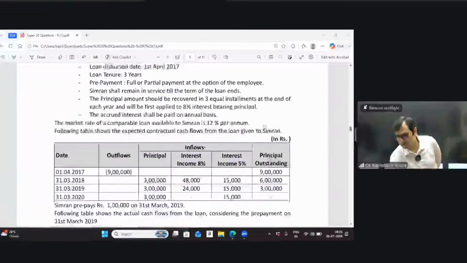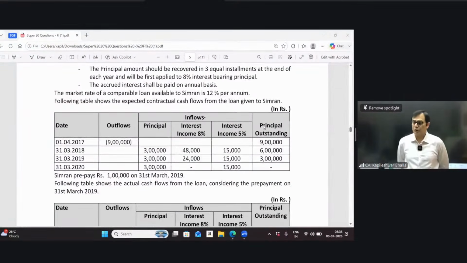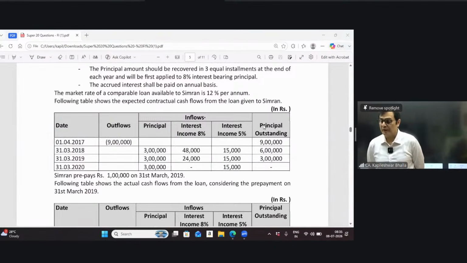Then I am given further the following table showing the expected contractual cash flows from the loan given to Simran. We're given a complete chart regarding the principal collections by the company and the interest collections at the rate of 8% and 5%. Then it says Simran prepays on March 2019, 1 lakh rupees.